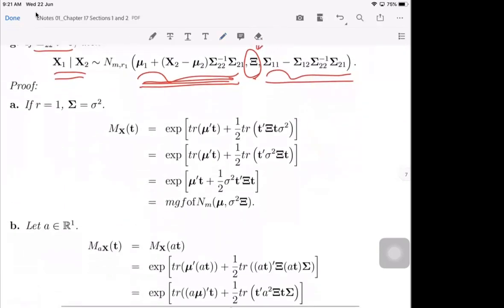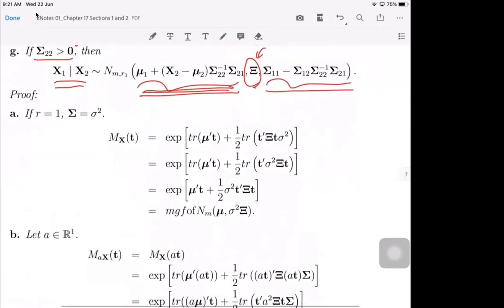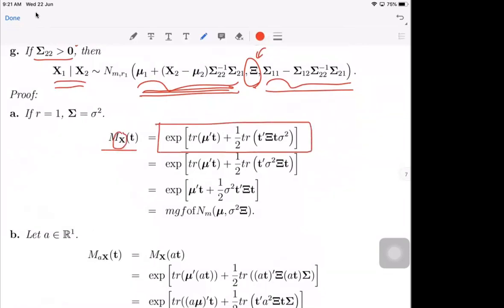Okay. So for the proof, I think you can follow through it. No? So the moment generating function of x, you know x here is normally distributed, so it has this moment generating function. But this is just a scalar, so you can put it before here. The target here is to have this form here.